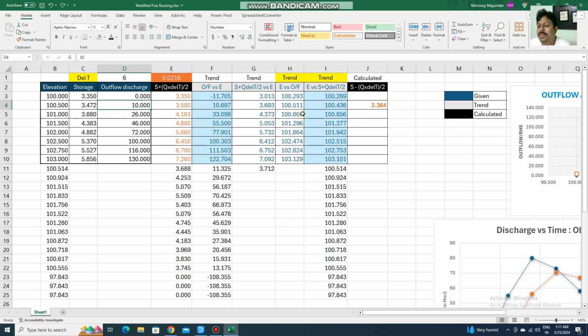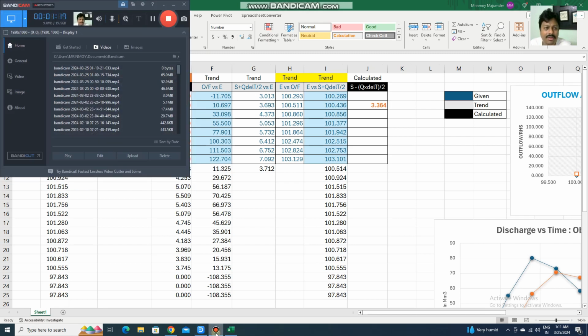Error means the difference between the predicted and the actual value. And if you divide that difference between the predicted and actual value of the discharge by the actual value, then you will get the relative error. Okay.